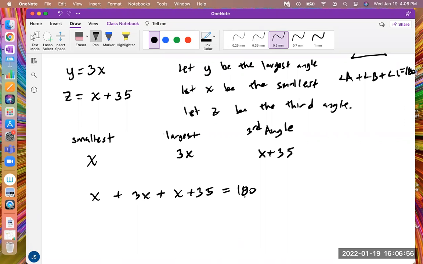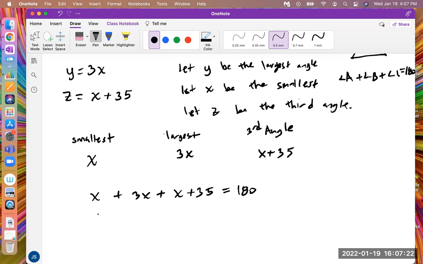And a lot of times if you just focus on writing down expressions for each of the things they're talking about in the problem, like they're talking about a smallest, a largest, and a third angle, I wrote down expressions and tried my best to write those expressions in just one variable, x. And then I thought about what equations I knew that related them, and I wrote down the equation, and now I have an equation I can solve for x.